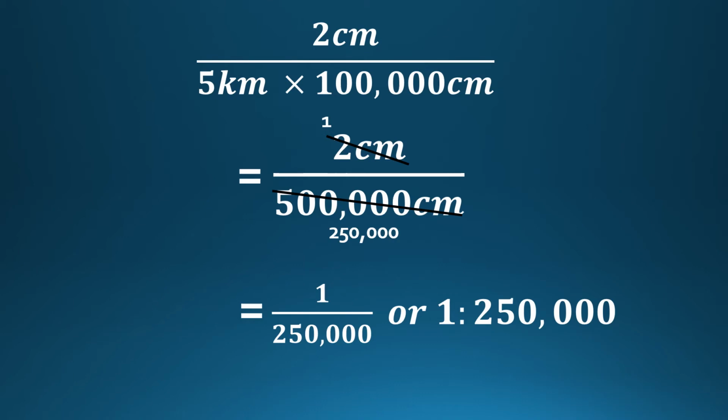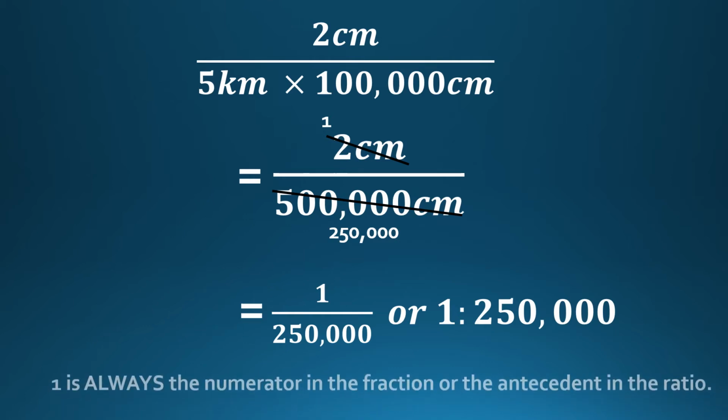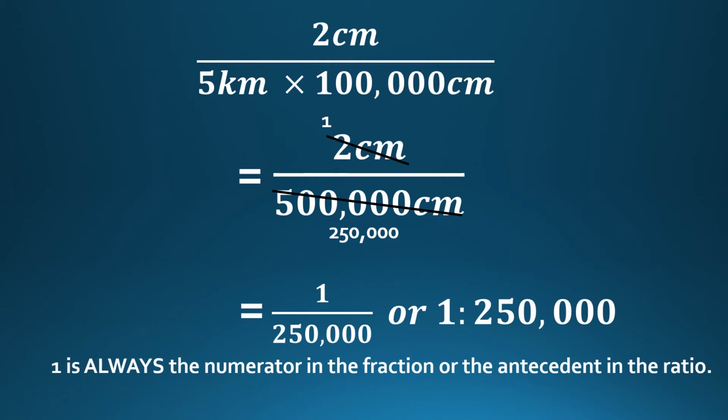Remember, students, this is just another way. We could do it the first way that I showed you, or you can do it this way. But always keep in mind that in working out the representative fraction or the ratio, we must always use 1 as the numerator, or in the ratio, we must always use 1 as the antecedent.